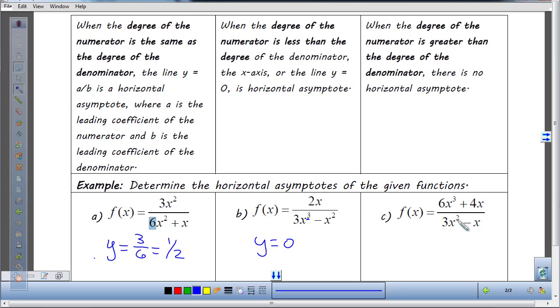The degree of the numerator is greater than the degree of our denominator, so we would say that there is no horizontal asymptote, since the degree of the numerator is larger than the degree of the denominator.